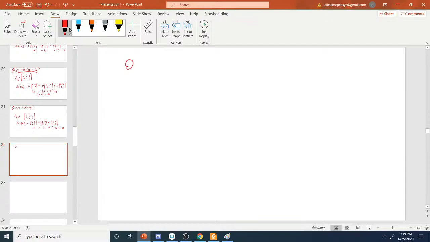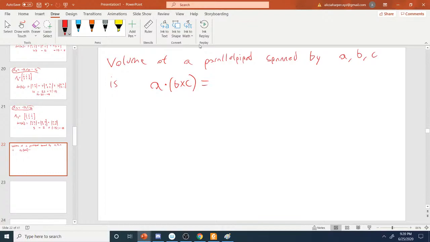So let's recall, and this is a fact you might learn in multivariable calculus, that the volume of a parallelepiped spanned by A, B, and C is A dotted with B cross C. So this concretely is the same as A1, the first component of the vector A, multiplied through by B, so what is it?